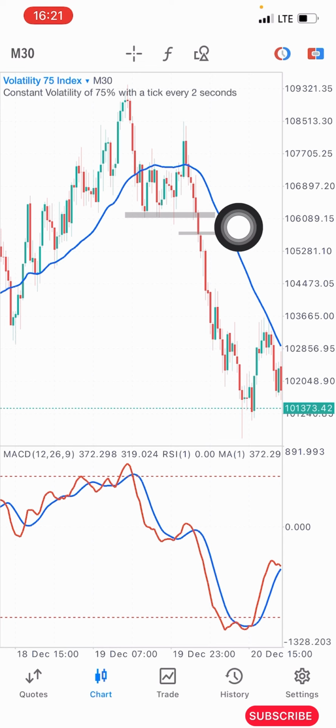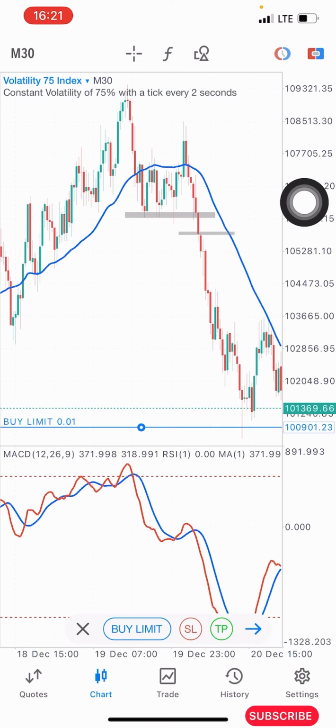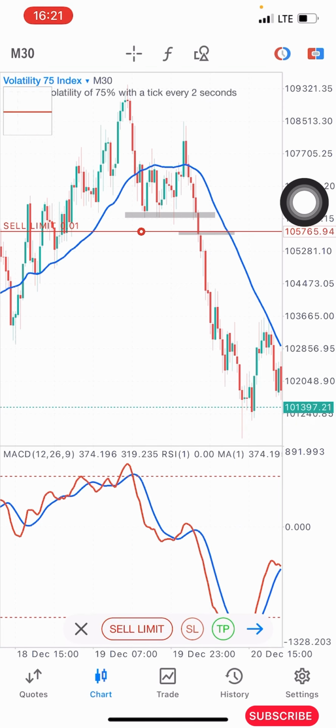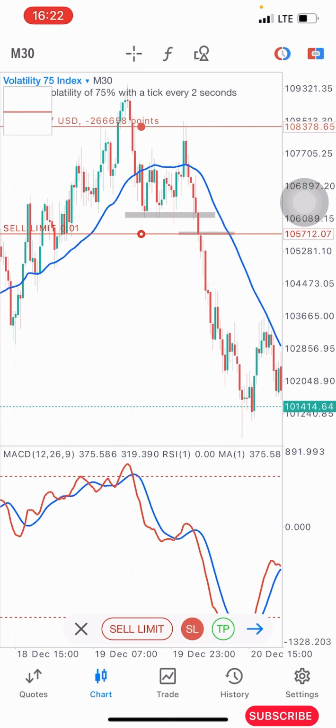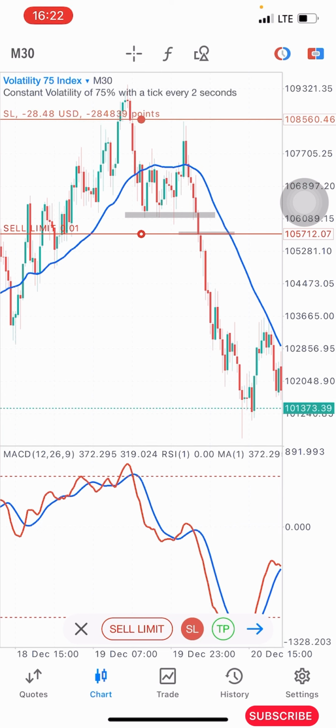So around this area now, you can just decide to take your sell from here, and your stop loss is going to be above this area here. All right, that is the right area to place it whenever you take an entry like this. Okay, so you place it above that structure. All right, but be mindful of your risk management. Okay, be mindful of the kind of account you have.